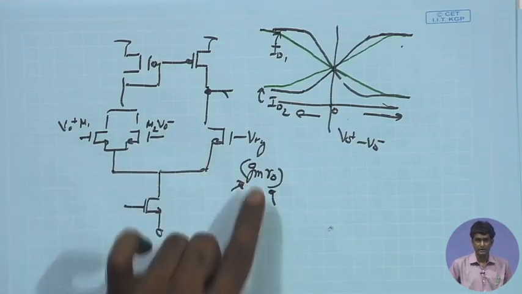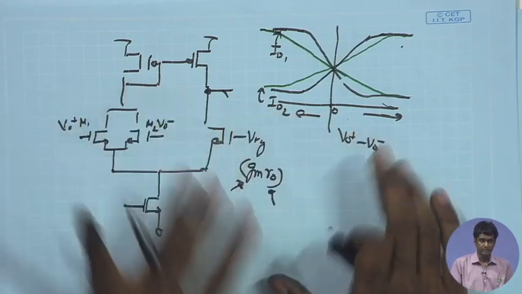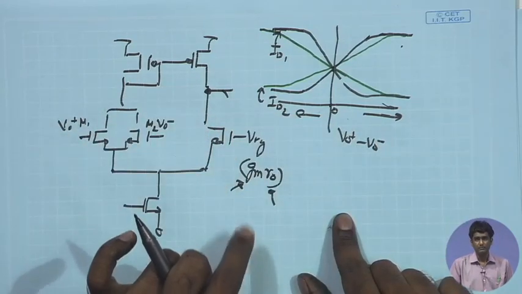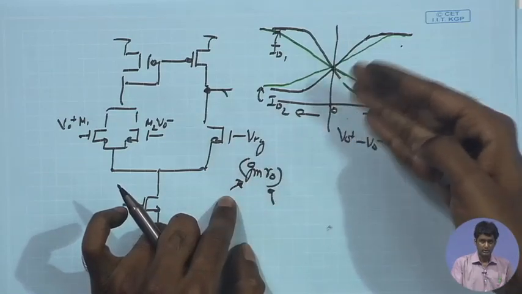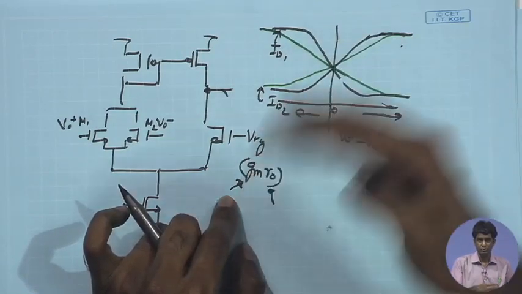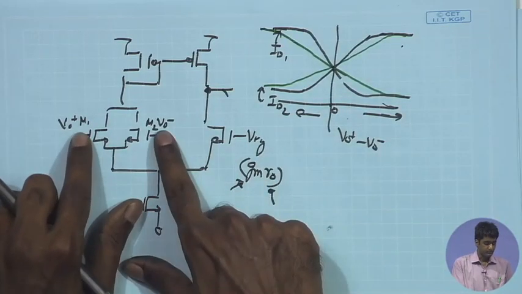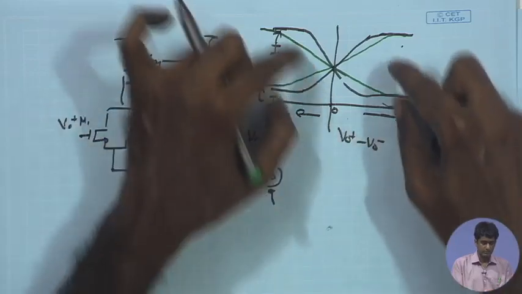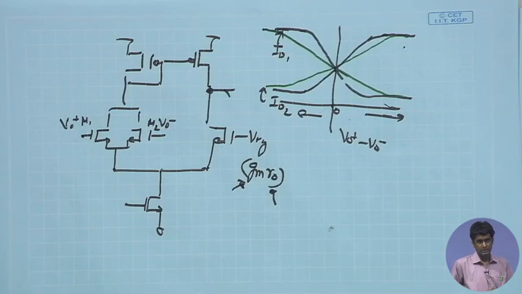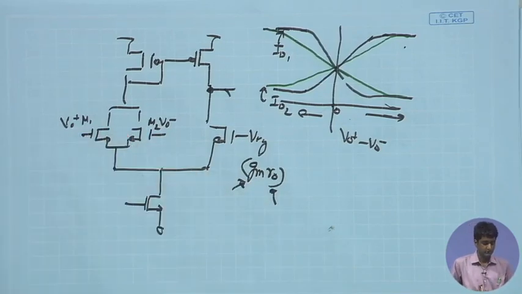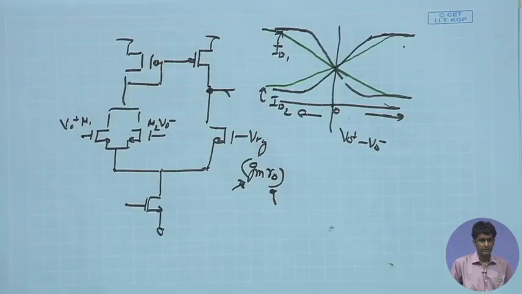If you reduce the bias current, RO automatically will be increased, and hence the gain can still be sufficiently large, and remember that the GMRO product increases by root under K. If you are reducing the bias current by K, the GMRO product increases by root under K. So that will still increase the gain, however it will suppress the GM, and hence it will increase the swing that this input device can handle. So that is another important feature that we should consider while looking at the sizing of the common mode device.